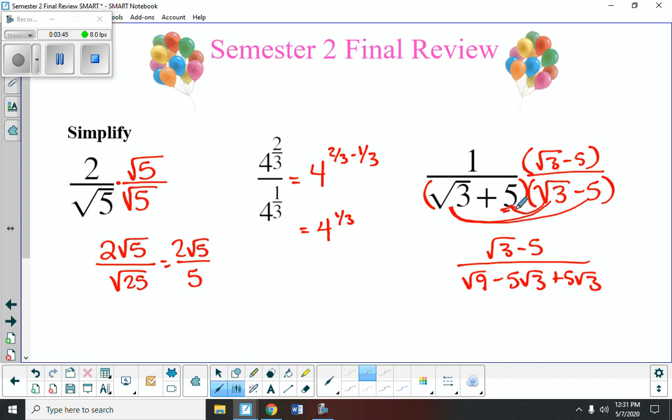And then the last number times the last number is a negative 25. So these cancel. And you have the square root of 9, which is actually a 3. So in the numerator, you have root 3 minus 5. In the denominator, you have 3 minus 25, which is a negative 22. And that's your answer.